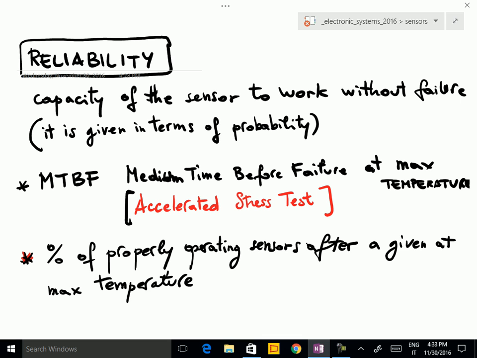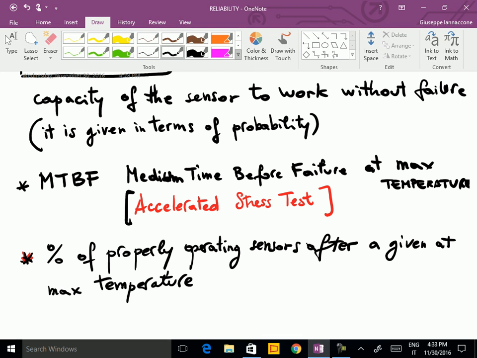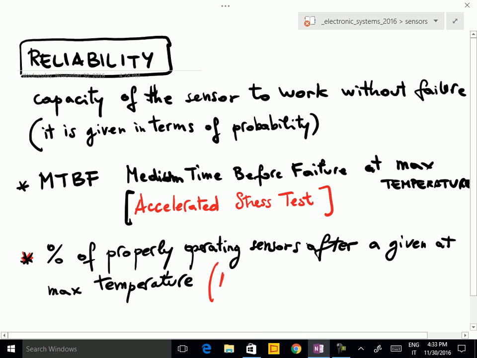But also in this case, we have an accelerated stress test.